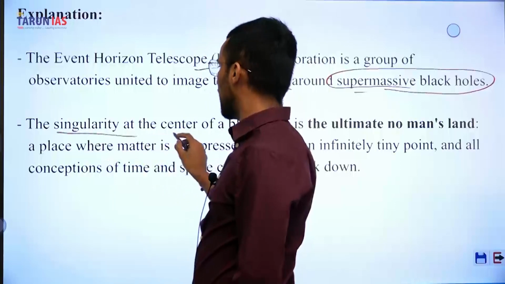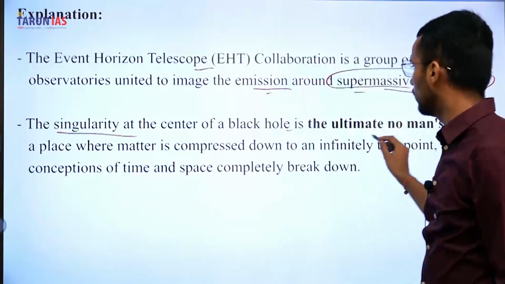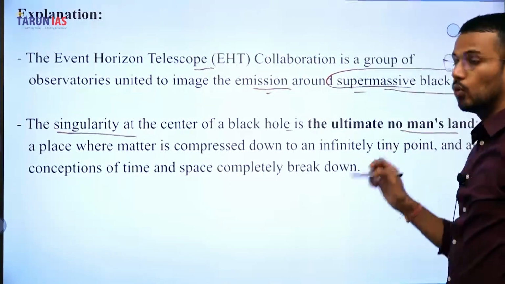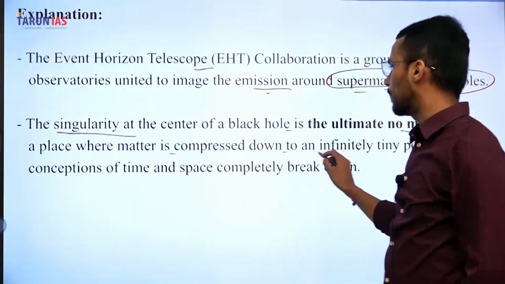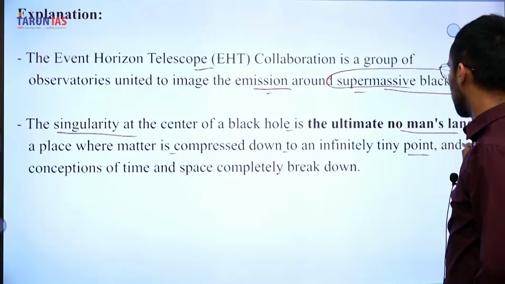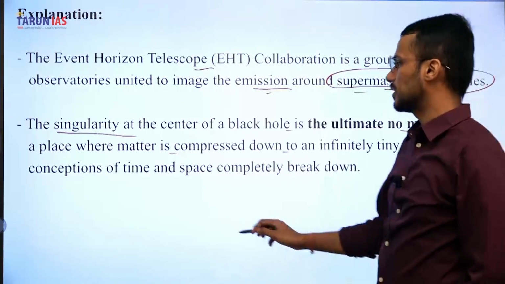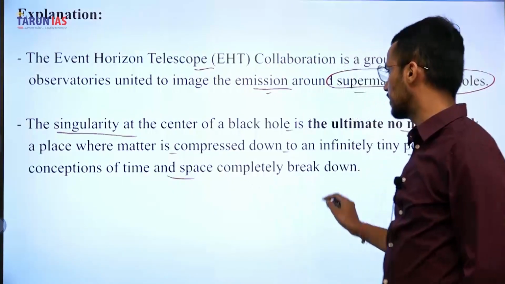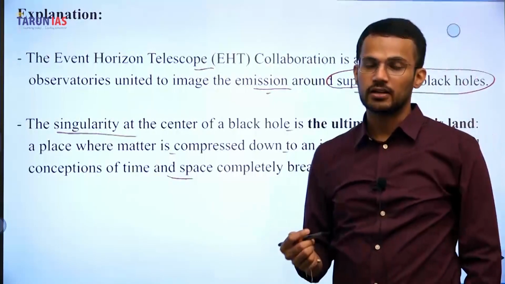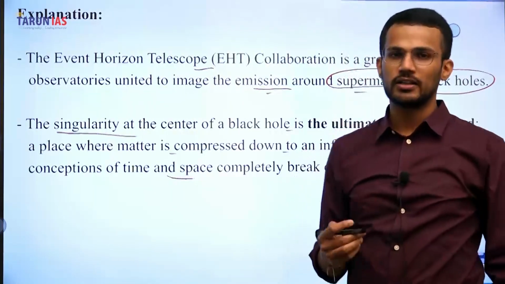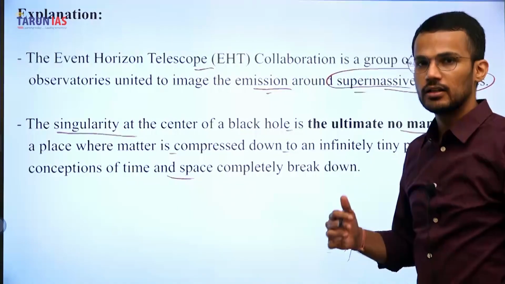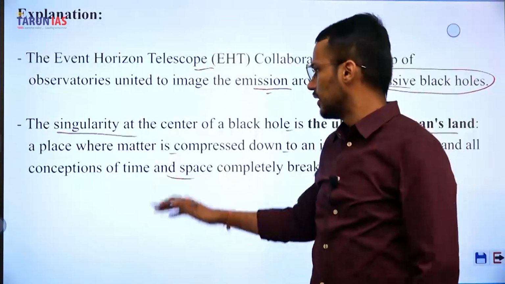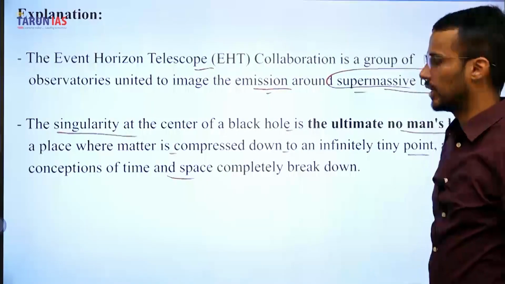The singularity at the center of a black hole is the ultimate no man's land, a place where matter is compressed down to an infinitely tiny point and all conceptions of time and space completely break down. So the singularity is the center of the black hole where nothing exists, even space and time do not exist.